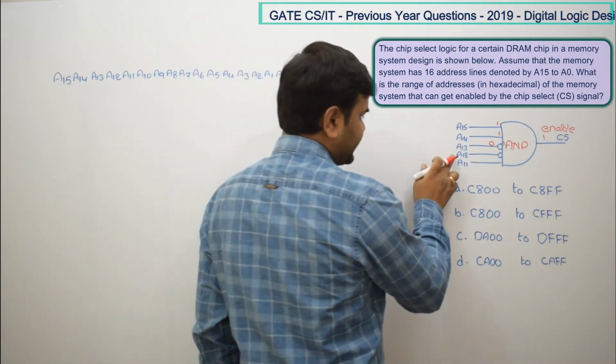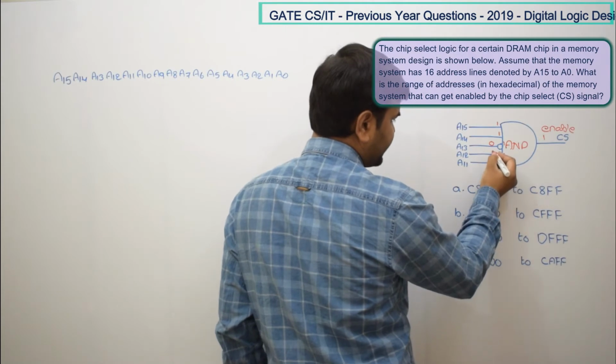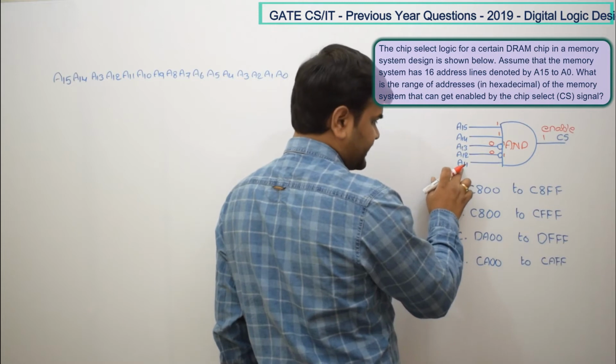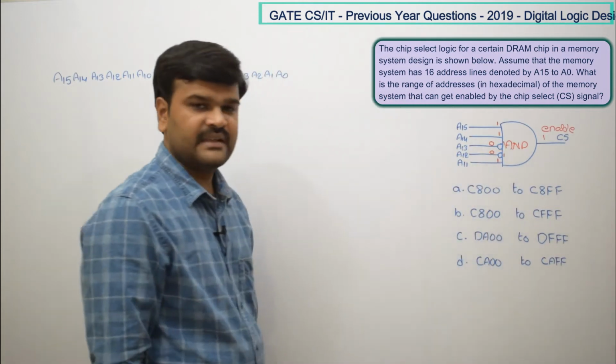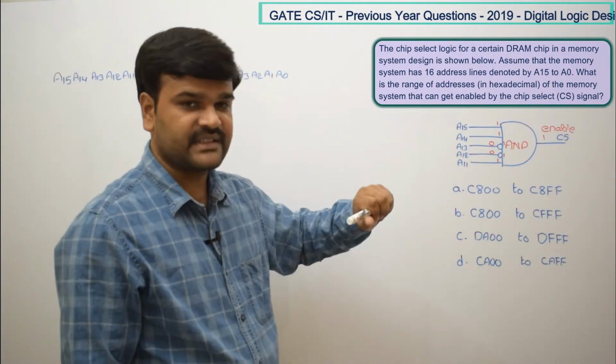Now what about A12? A12 is the same scenario, right? To get output 1 here, it must be 0, that means A12 is 0. Now A11 doesn't have any NOT gate, so its input is 1. So these 5 address lines are fixed.